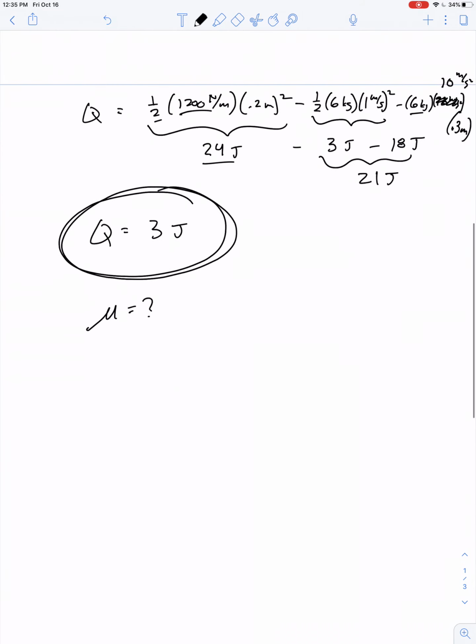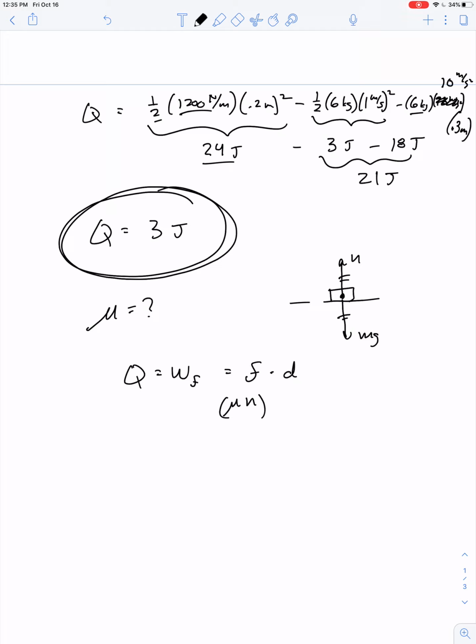Well, we can think of this Q value as work done by the force of friction, which in turn would be the force of friction multiplied by the displacement. The force of friction is equal to mu times normal force, and if we were to draw a free body diagram, as it slides across that level ground, normal force and mg balance one another out.